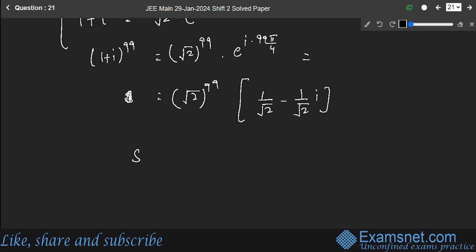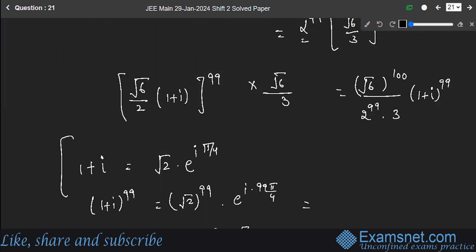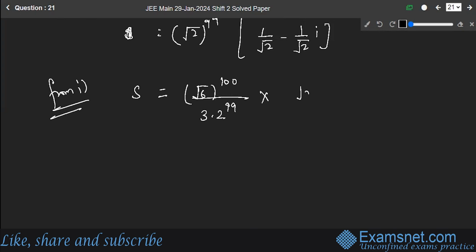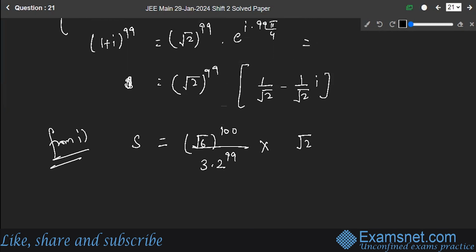So now this was your S. Let's say this was your equation 1. So from equation 1, this is equal to root 6 power 100 upon 3 into 2 power 99, into this, which is 1 minus iota upon root 2.